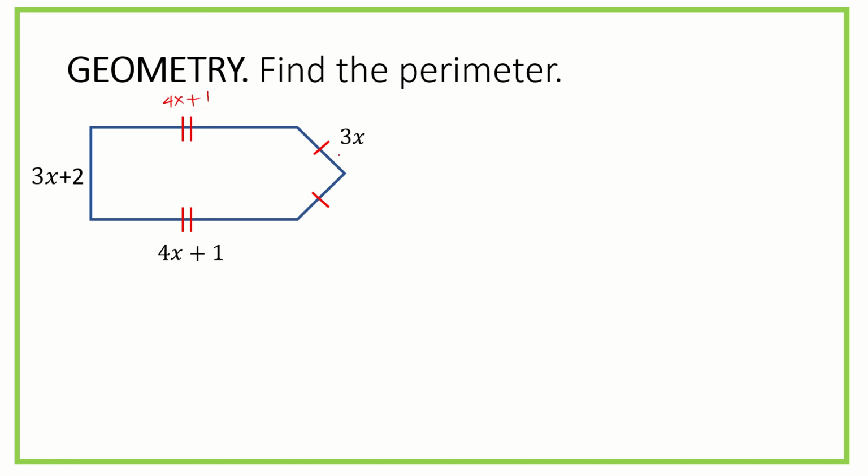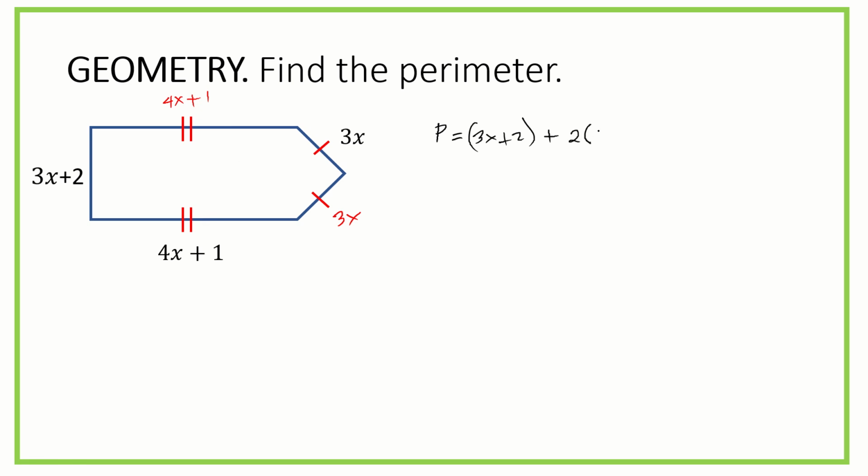If this is 3x, this is also 3x. So to find the perimeter, you just have to add all the side lengths. So looking at it, there's only one 3x plus 2. So perhaps you enclose it in a parenthesis. Plus, there are two 4x plus 1. Two sets of 4x plus 1.